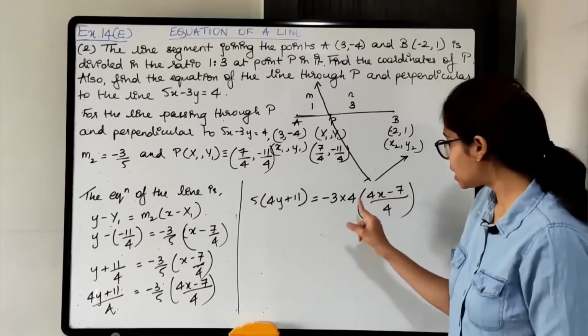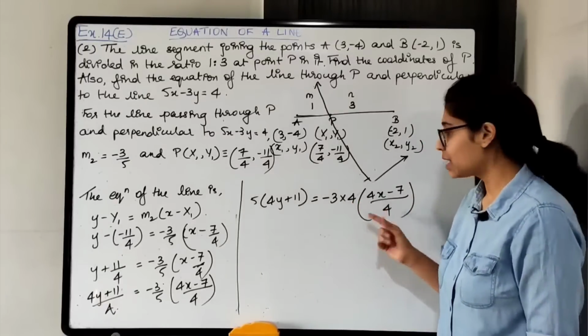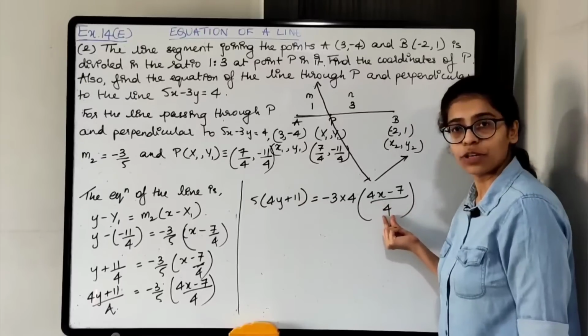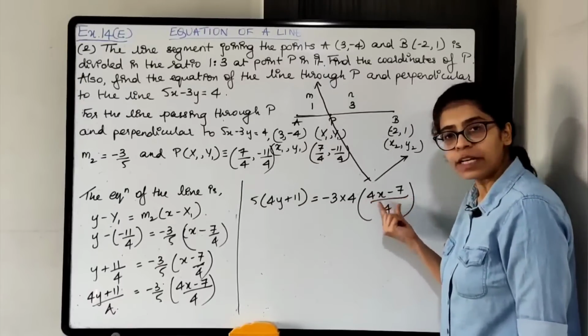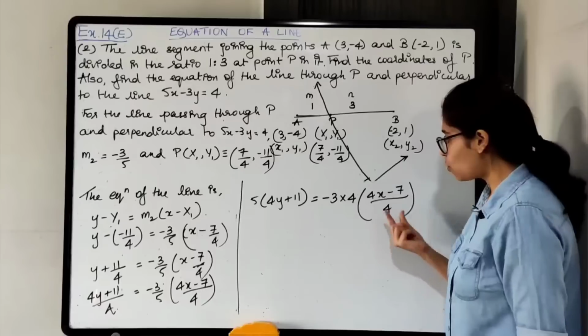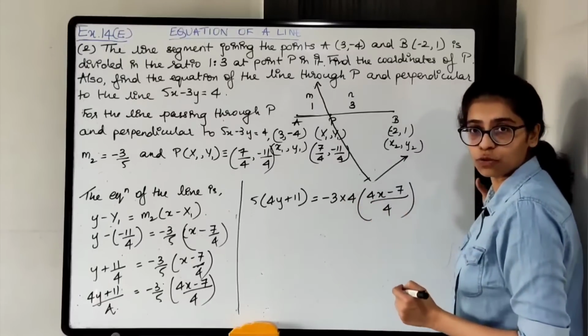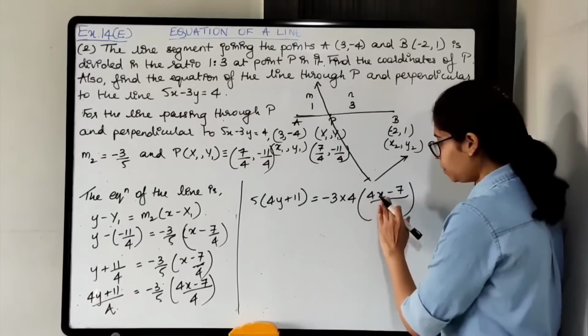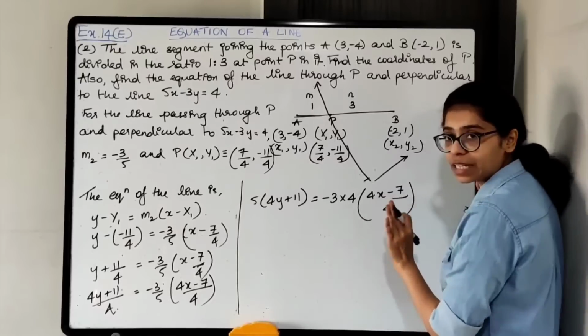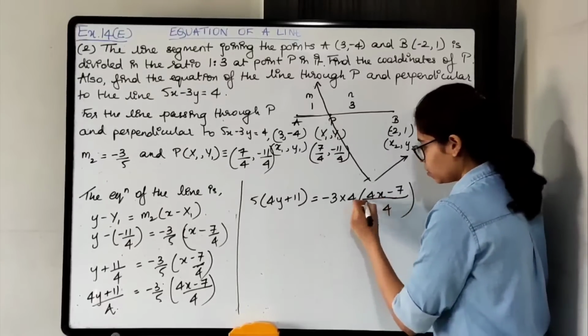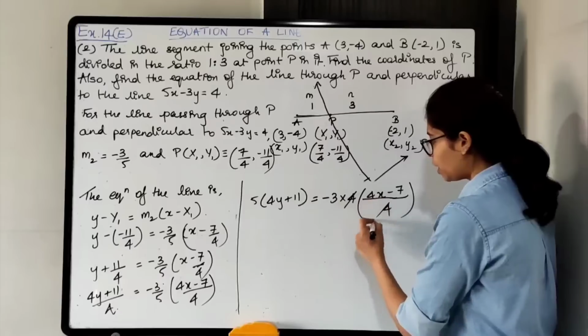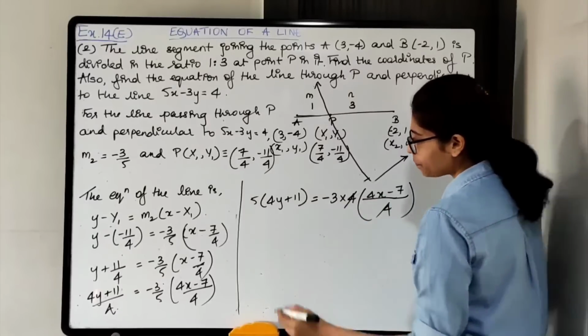Now I can cancel out 4 because the whole numerator is divided by 4. All right, had it been only the denominator of one term, then I cannot cancel out. Okay, so 4 I can cancel out over here.